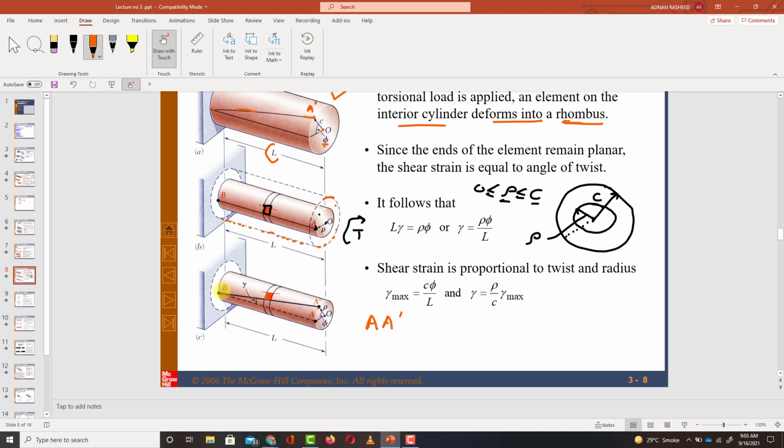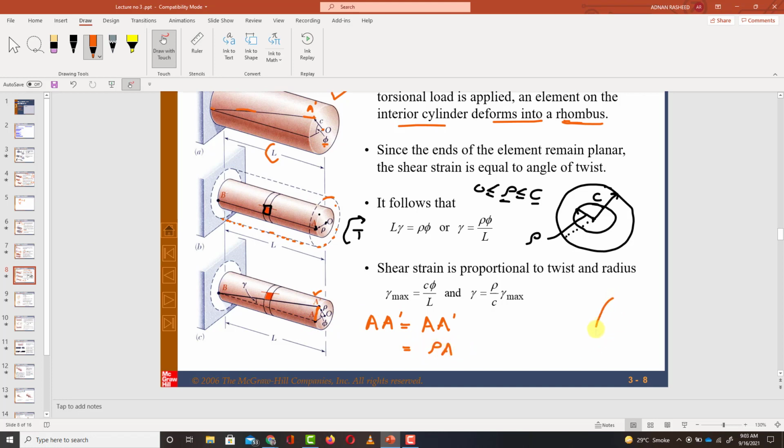If you consider the triangle OA dash A, this arc AA dash will be equal to rho into phi.